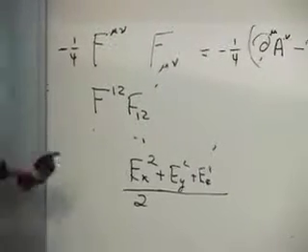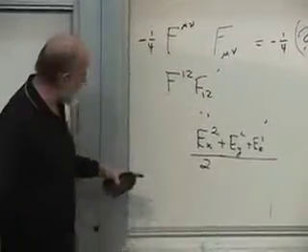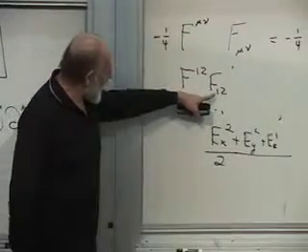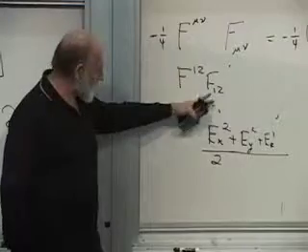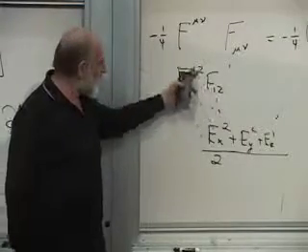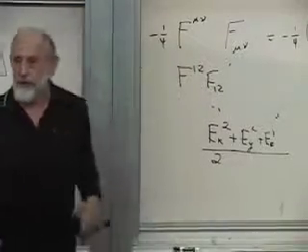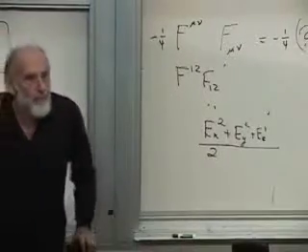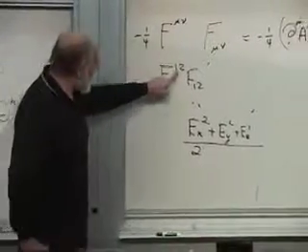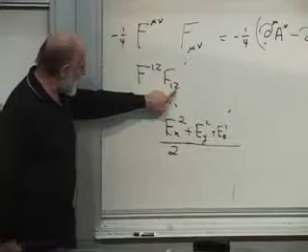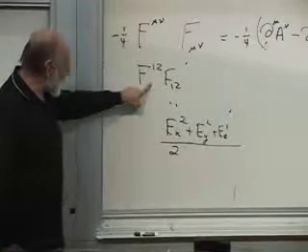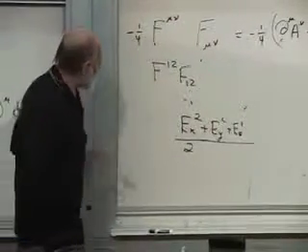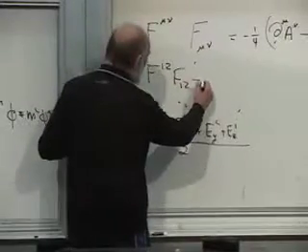Maybe it's minus B3, I don't remember, but we're squaring it so it doesn't matter. Now, here I've raised both indices. What happens when you raise two space indices? Nothing. So F12 upper is the same as F12 lower, and this is just B3 squared.